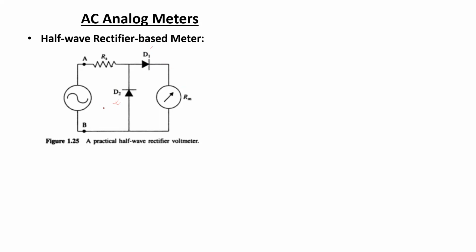For the negative half cycle, the current therefore flows through D2, shunting all the current through this forward biasing of D2, and through the PMMC movement mechanism there will be no current flow.